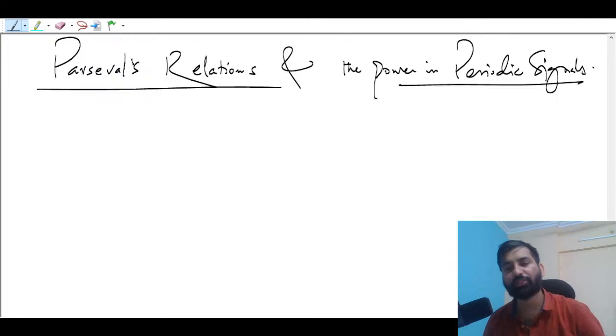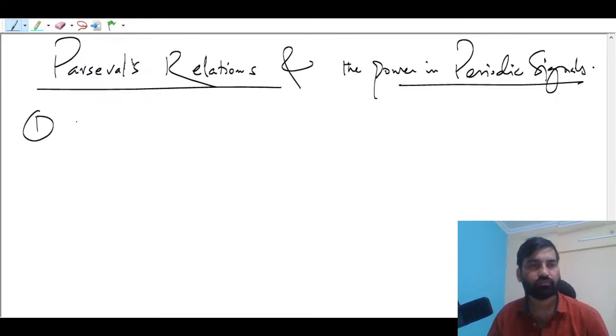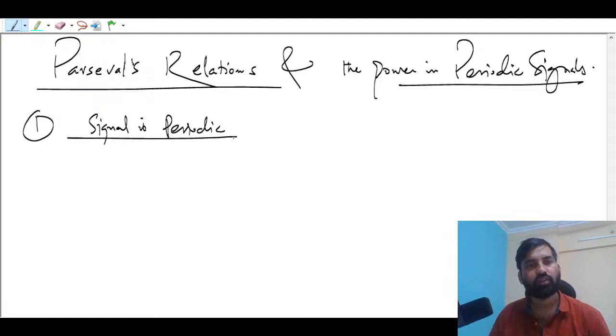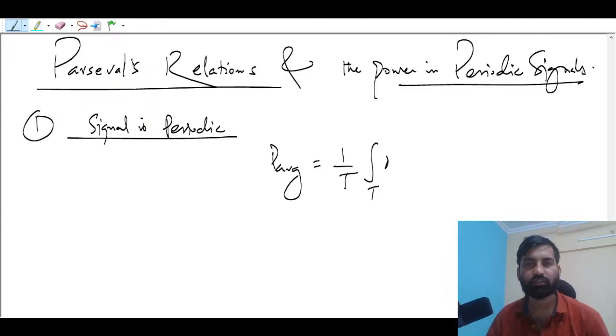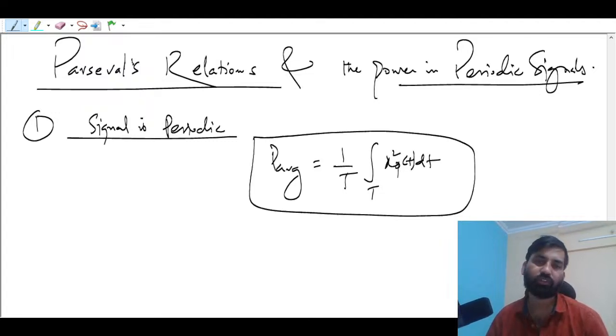So if the signal is periodic, the average power is going to be over one period, 1 by T integral over T of x_p squared(t) dt. Over one period only you have to integrate, that's it.